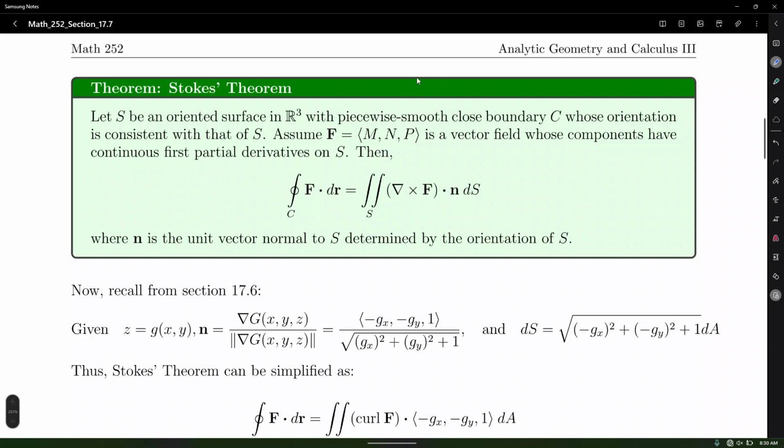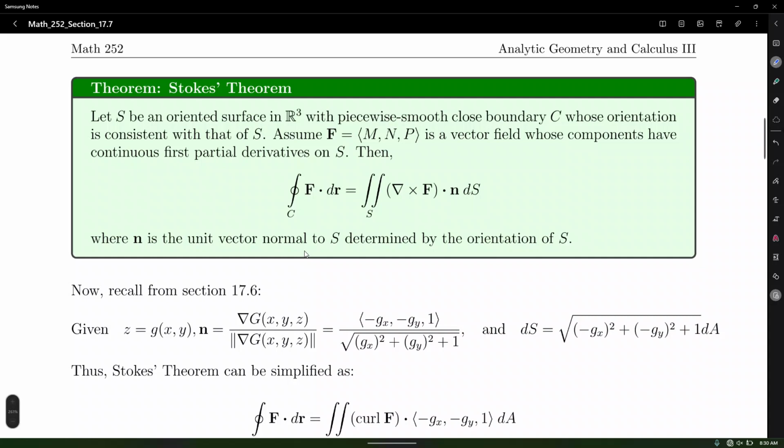Again, we're going back to evaluating line integrals, because what does Green's theorem do? It evaluates a line integral over a planar region. But now this planar region is going to become 3D, and the boundary over which we're evaluating the line integral is on the surface. So instead of evaluating this line integral, we will evaluate a surface integral.